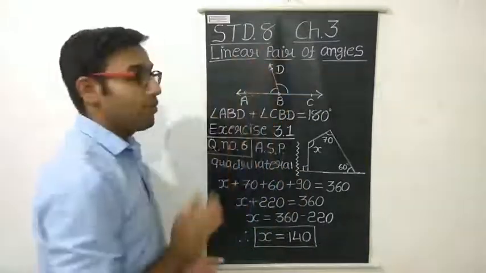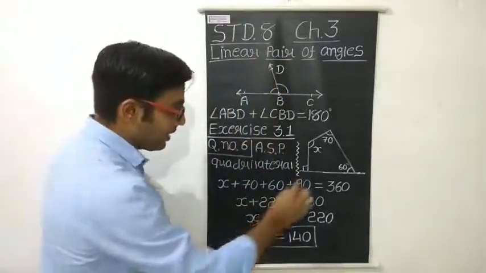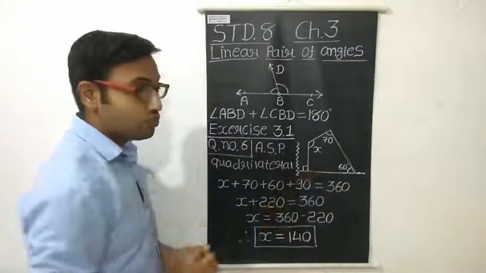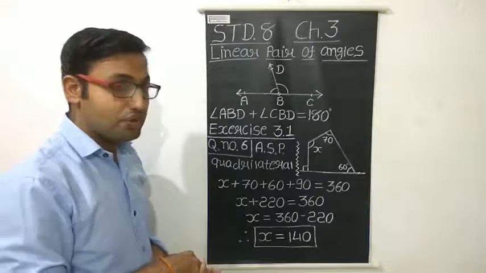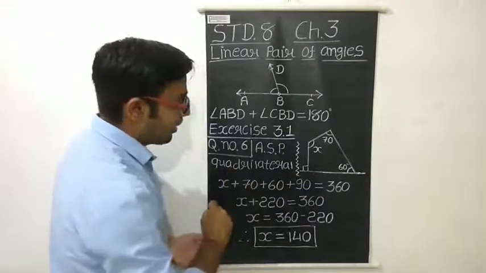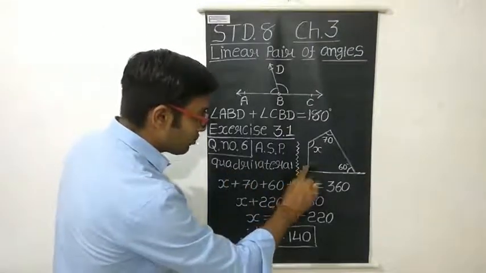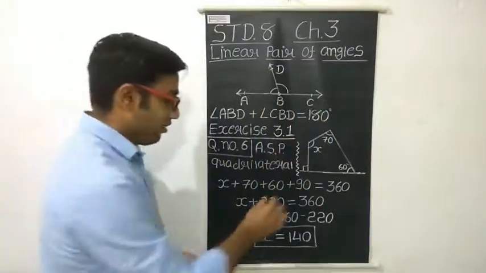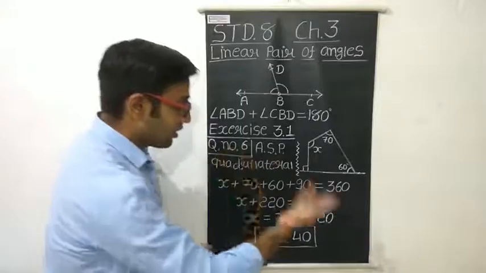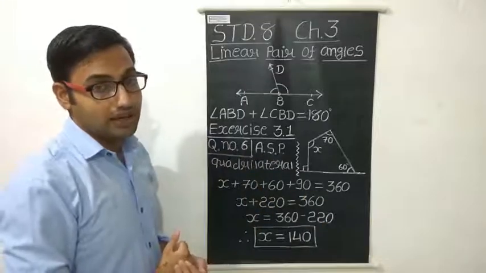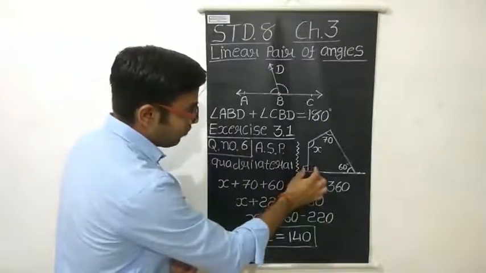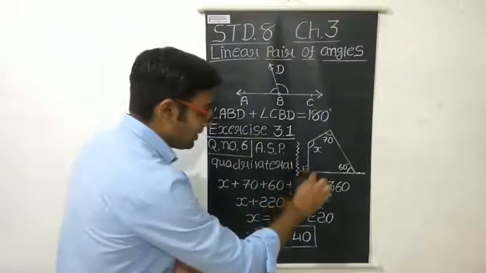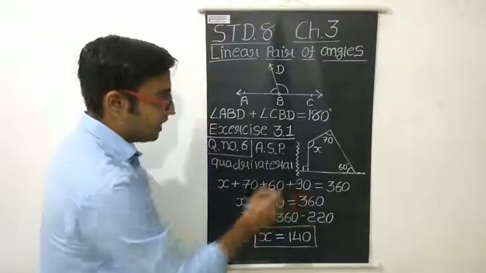Using the linear pair of angles, this interior angle is also 90 degrees, because the angle sum of the outside and inside angles must be 180 degrees. One is 90 degrees, so the other is also 90 degrees, and the addition of both becomes 180 degrees. So we can take this interior angle as 90 degrees.